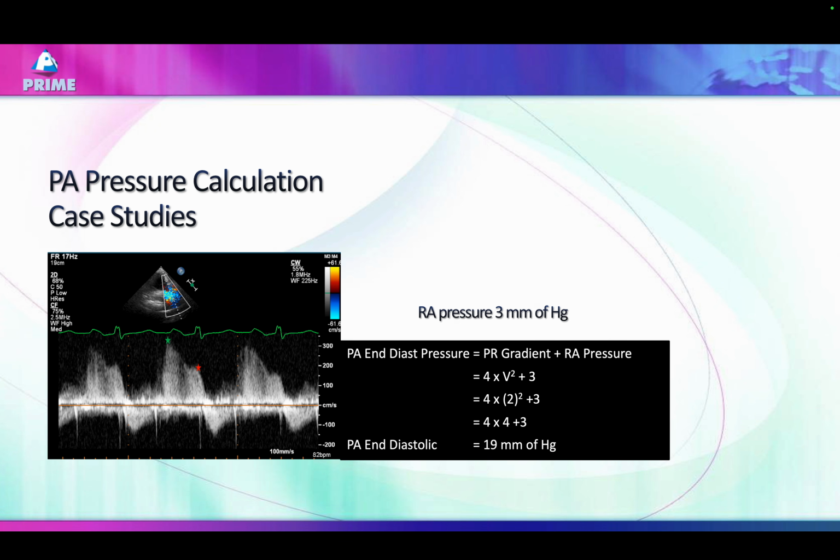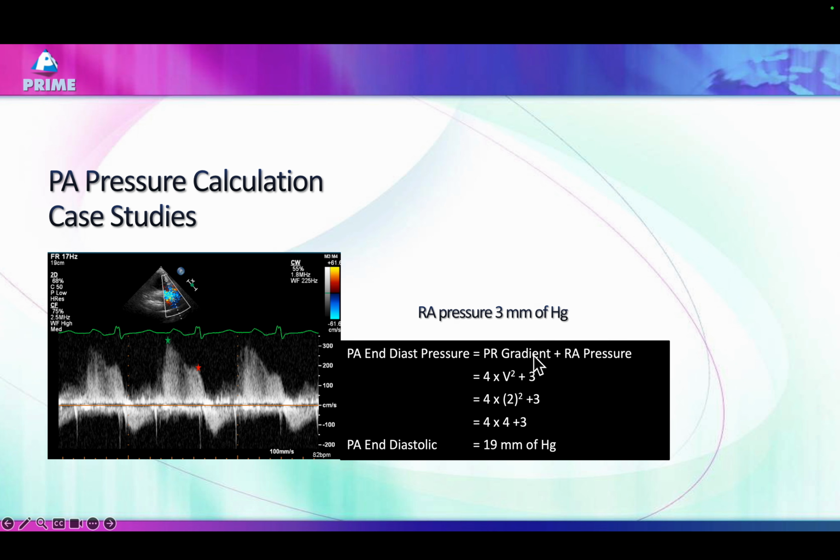Let me give you an example of calculating diastolic pressure. If you want to calculate the mean pressure in the pulmonary artery, you take the peak pulmonary regurgitation velocity. If you want to know the end diastolic pulmonary pressure, or diastolic PA pressure, you take the end diastolic PA velocity. How do we do it?